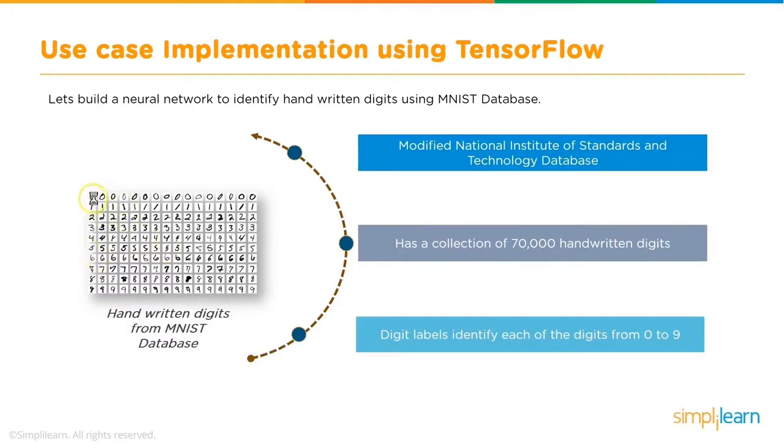They are handwritten images collected from a lot of individuals, samples written by human beings. They have handwritten these numbers going from 0 to 9, and then the images of those have been taken and formatted in such a way that it is very easy to handle.